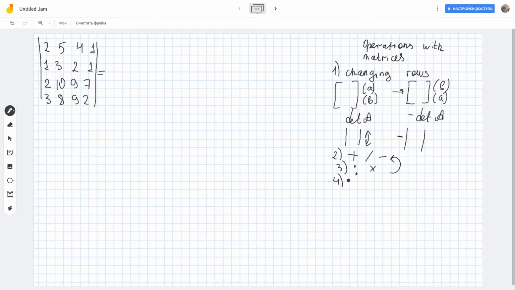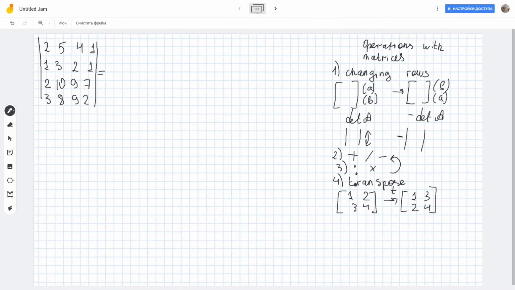The next operation is to transpose the matrix. What it means, let's for example have this matrix, and if we transpose it, we will get 1, 3, 2, 4.